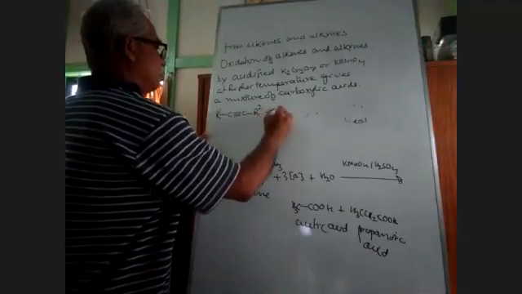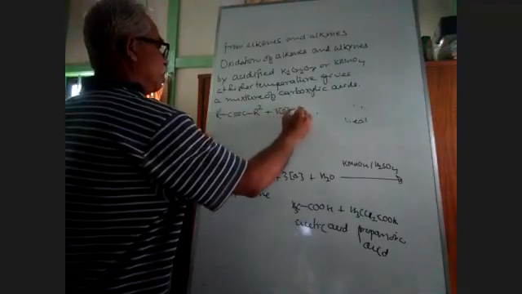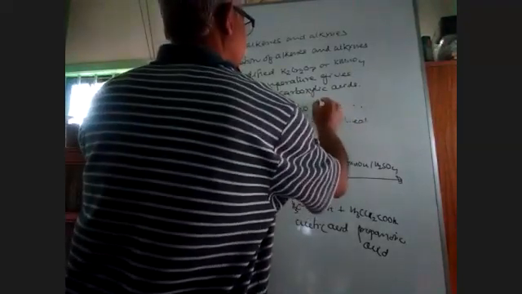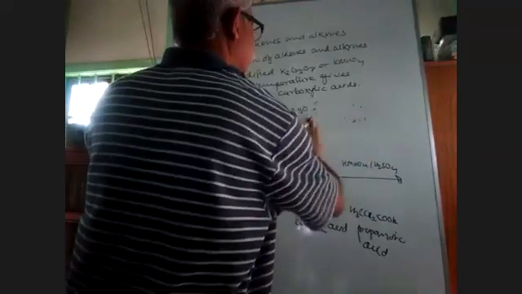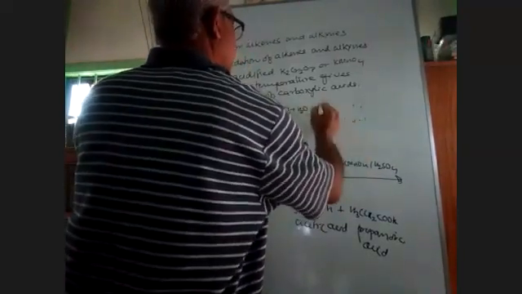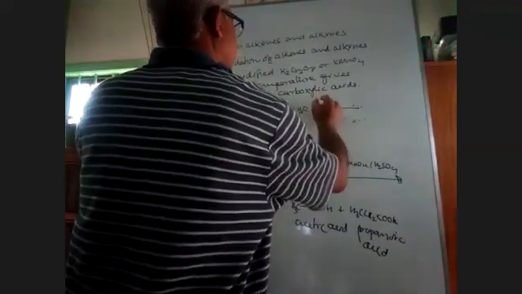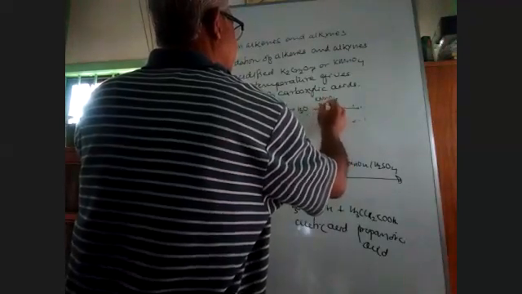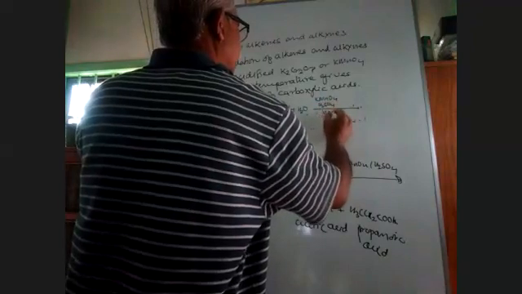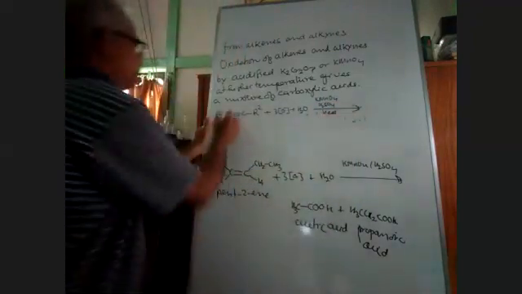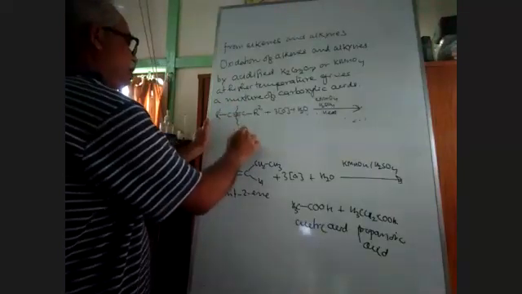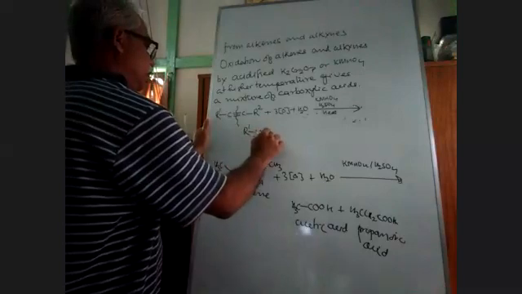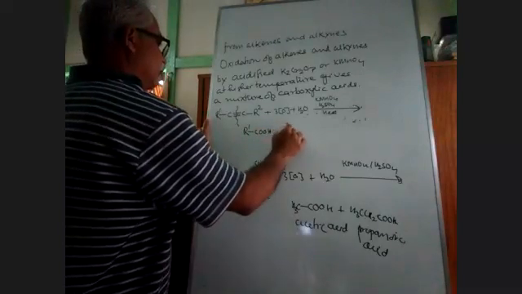Here also it will be O3, H2O, KMnO4, H2SO4. If you heat it, this is going to break. You will get here R1. This will be oxidized to this, and this will be oxidized to this.